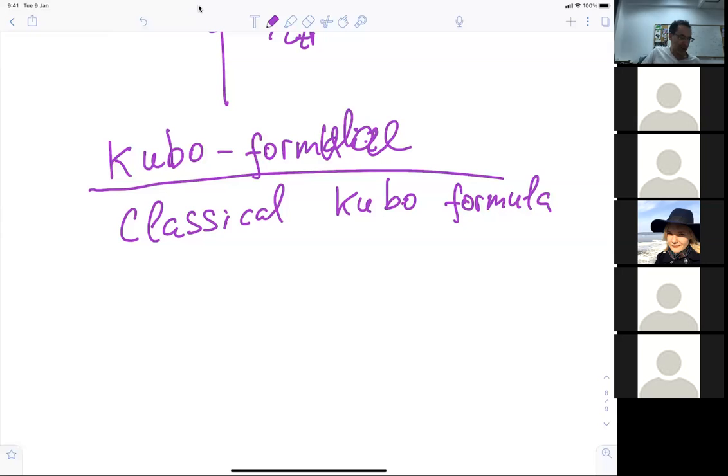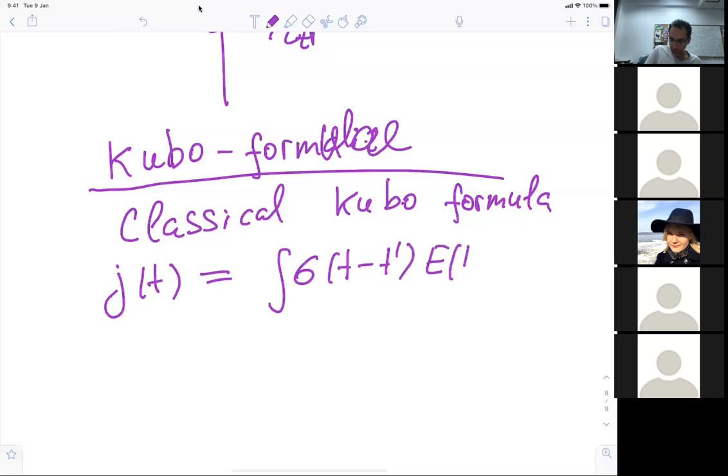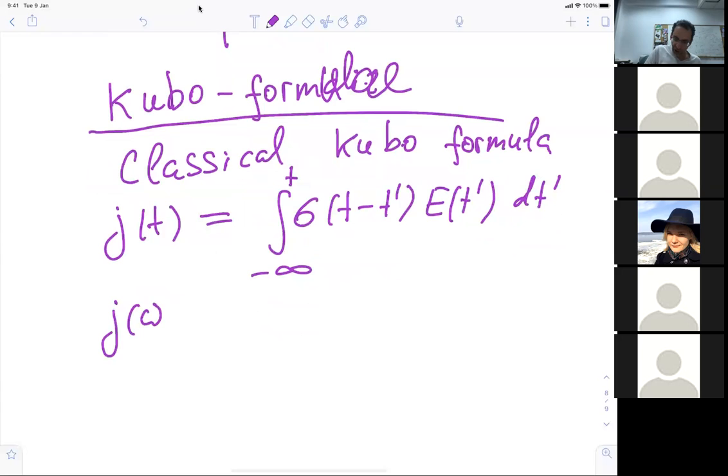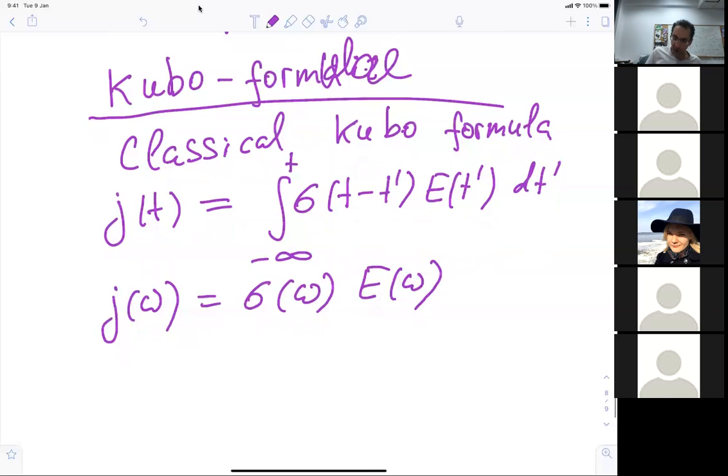electric conductivity. What it means is that we have a current, in this case, an electric current that flows in the direction of the electric field, and it's given by a response function. In the Fourier representation, the current at frequency omega is equal to the conductivity at frequency omega times the electric field at the same frequency. This is the response function.